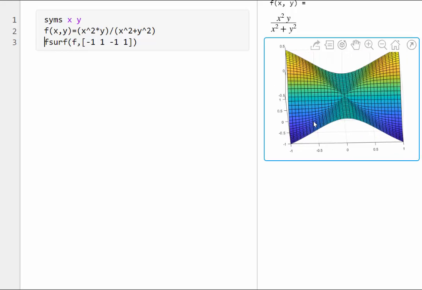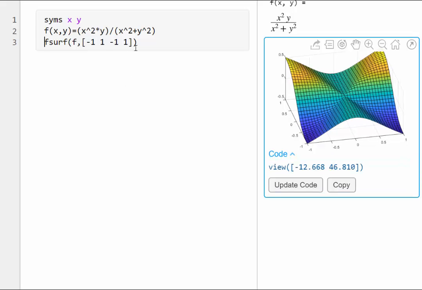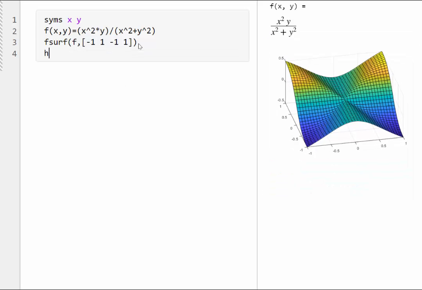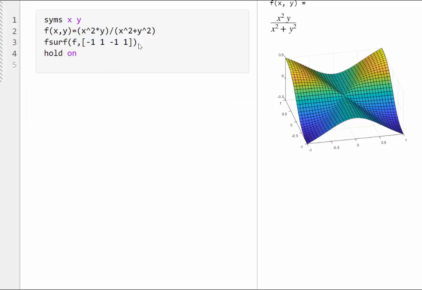We can see no matter which path we use, for instance, if we go to (0, 0) via y equals x, let's plot that particular line.